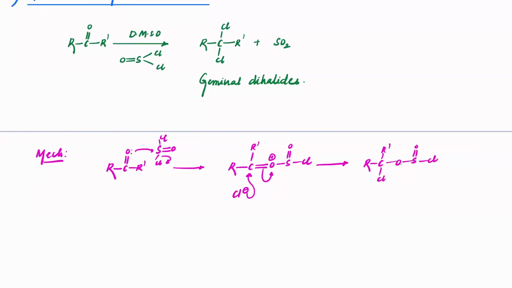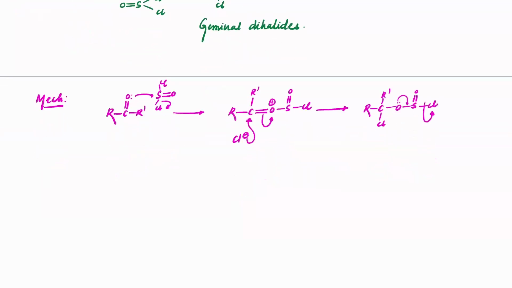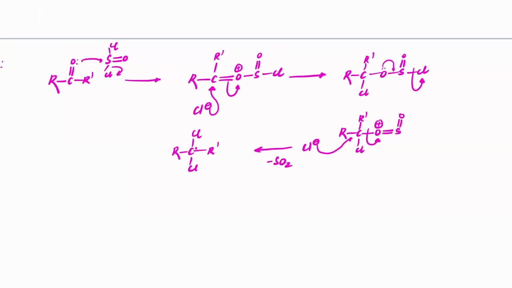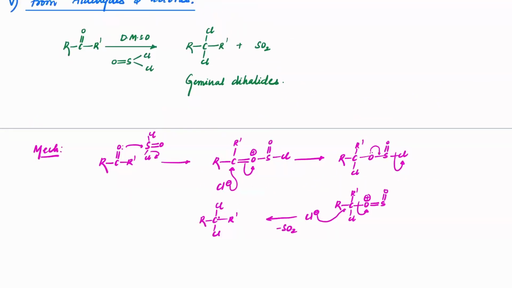Doing the same one more time, we get R, C, R dash with Cl and O, S double bond O plus charge, and Cl minus released. This released Cl minus will attack and remove this oxygen, minus SO2, and the product will be R, C, Cl, Cl and R dash. That's how you will get geminal dihalides.